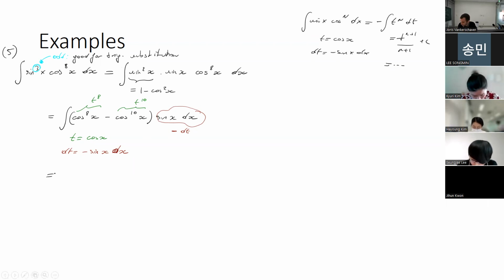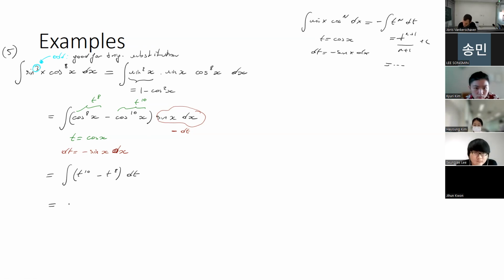And so if I write that down more clearly, I get t to the power 10 minus t to the power 8 dt. Remember, it's minus dt here, so it combines with the minus here to give me t to the 10 minus t to the 8.